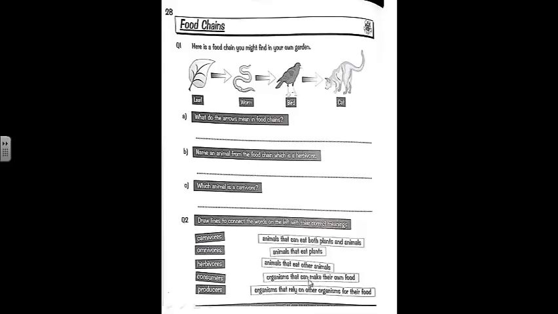Excellent. Animals that eat other animals: carnivore. Organisms that can make their own food: producers. Organisms that rely on other organisms for their food, they have to eat other organisms to get food: consumers.